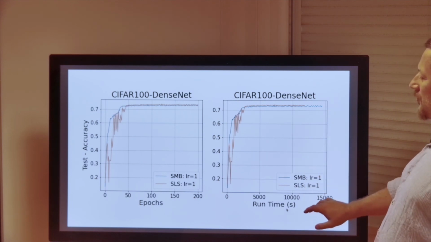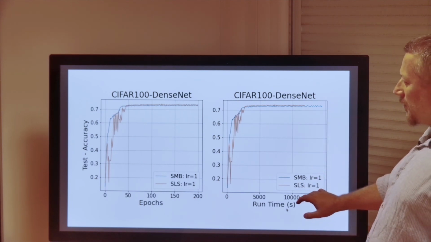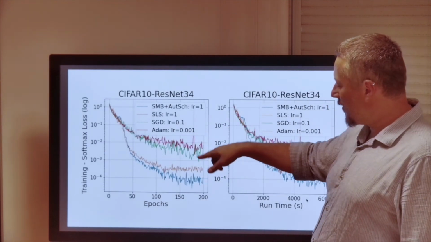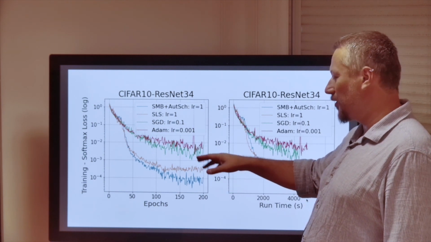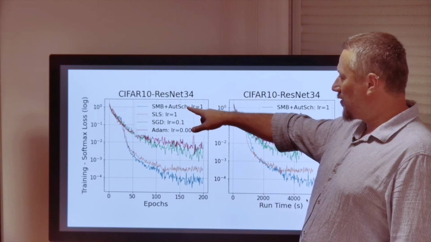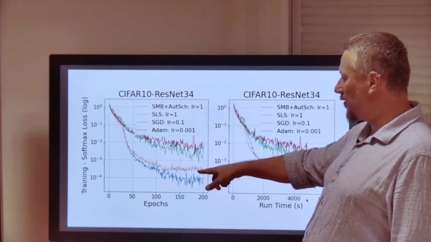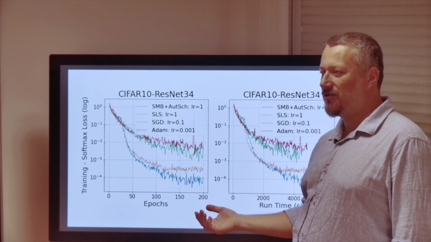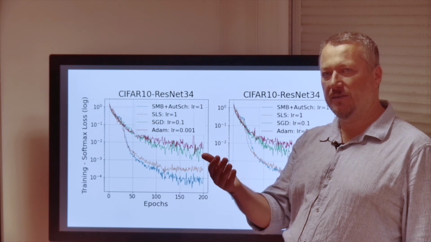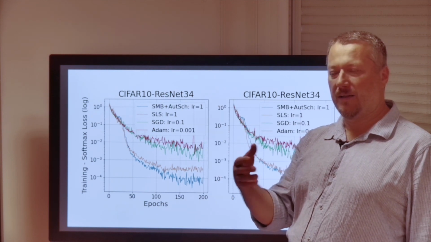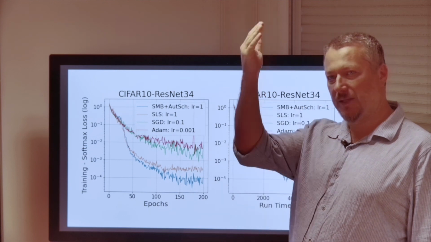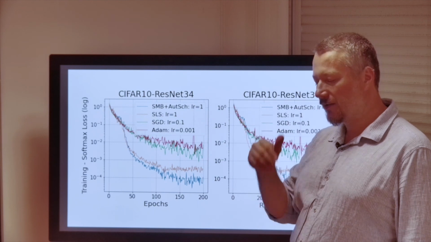But if we try some simple auto-scheduling, what we see now is that the model building method with some auto-scheduling performs better than SLS. And here the auto-scheduling is very simple. You look at the model steps taken in an epoch and the ratio of how many model steps you take with respect to how many total steps you took in that epoch.